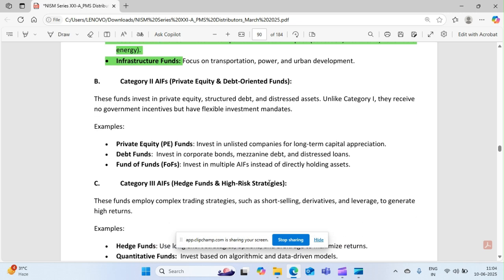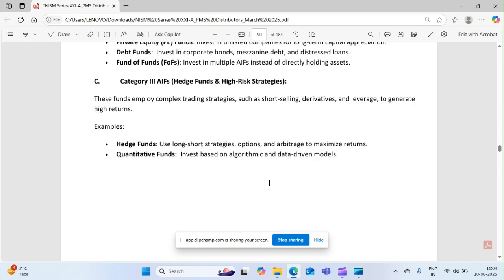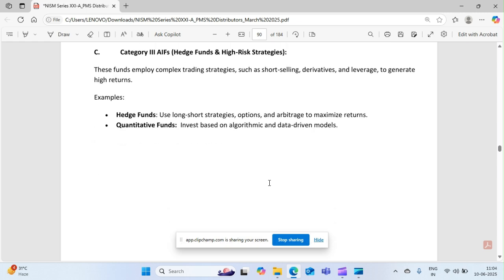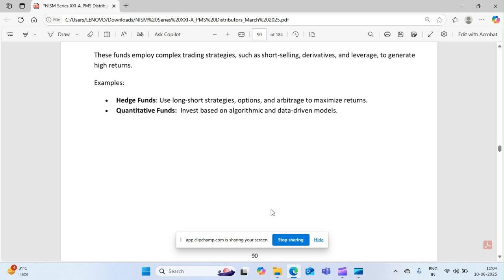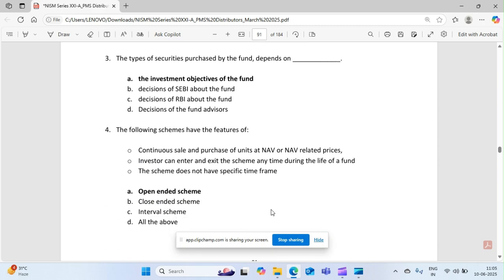Similarly, category two has private equity, debt funds, funds of funds, and category 3 has hedge funds and quantitative funds. So please note that these classifications are important for you to remember from exam perspective, because there could be question which will say what type of fund is this and what category does it fall into. Fine. So you have sample questions which are anyway their answers, so I'm not taking you through.